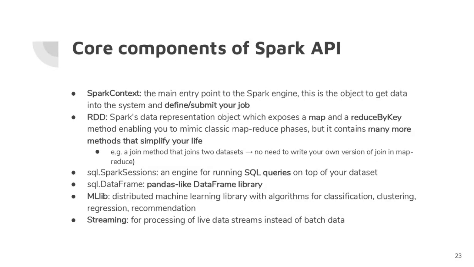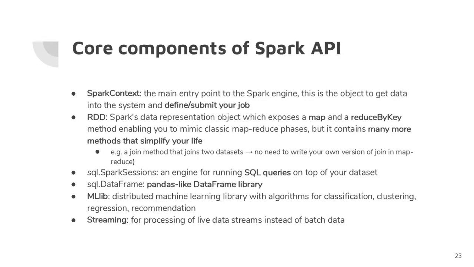Then you have your RDD, where your data is. It exposes the map and the reduce by key methods. So you can think of it like an ordinary object, and you call functions on it.